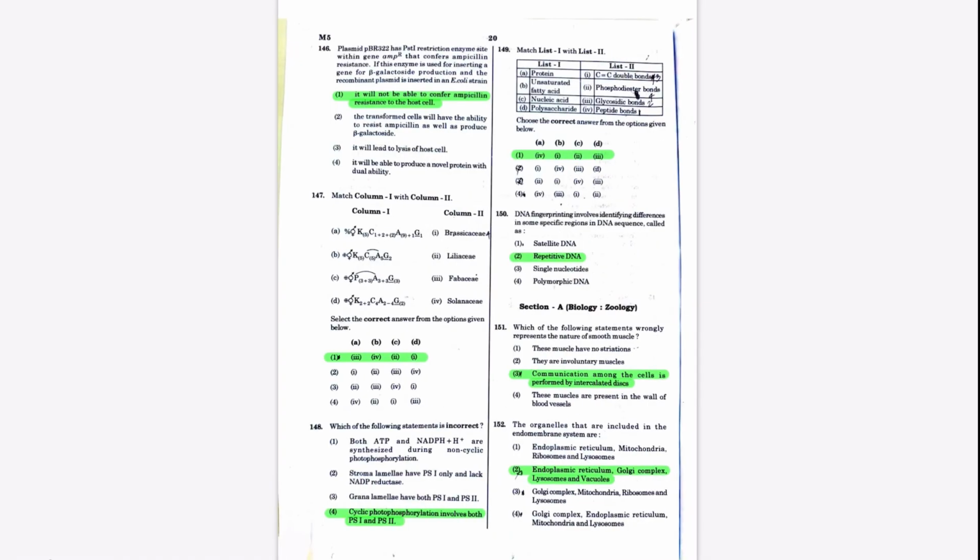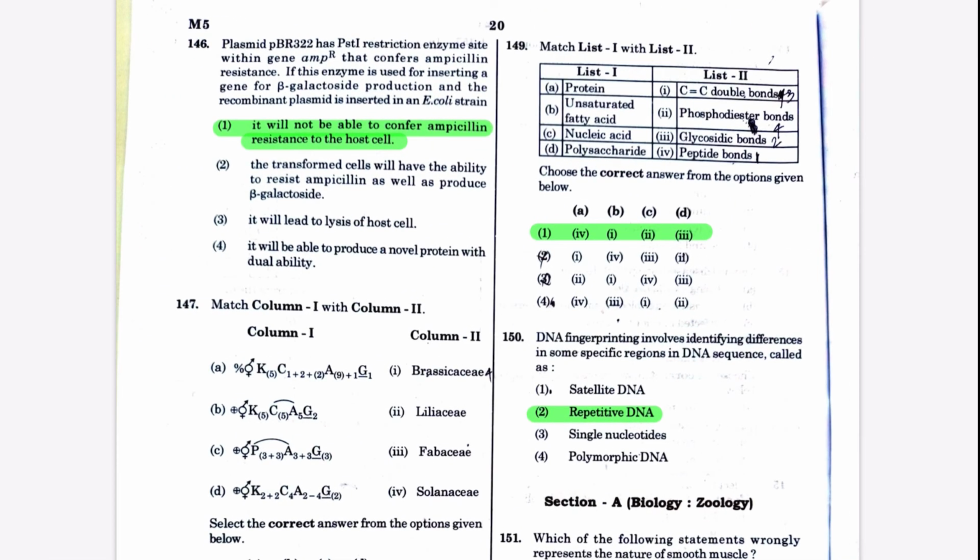Okay, right. So 146: the plasmid pBR322 has a PstI restriction enzyme site within the gene ampicillin resistance that confers ampicillin resistance. If this enzyme is used for inserting a gene for beta-galactosidase production and the recombinant plasmid is inserted in an E. coli strain, what would happen? We know pBR322 is an artificial plasmid in which we have ampicillin resistance and tetracycline resistance genes, together with the ori and rop genes. They have already told in the question that the ampicillin resistance gene has this PstI restriction enzyme site.